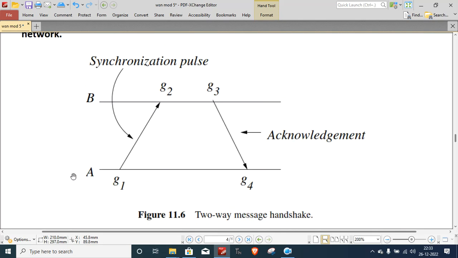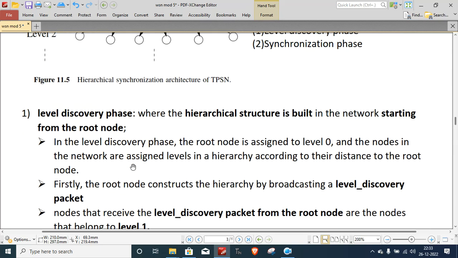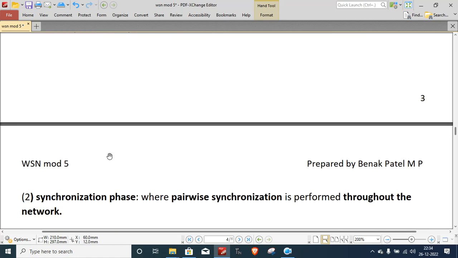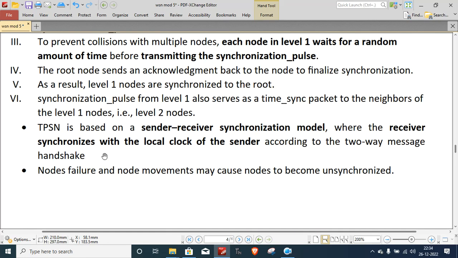If a node fails somewhere in between, it cannot pass on to the next level, and if nodes are mobile, their distance from the root node may vary and they might fall into some other level. So these two things will affect the synchronization process.